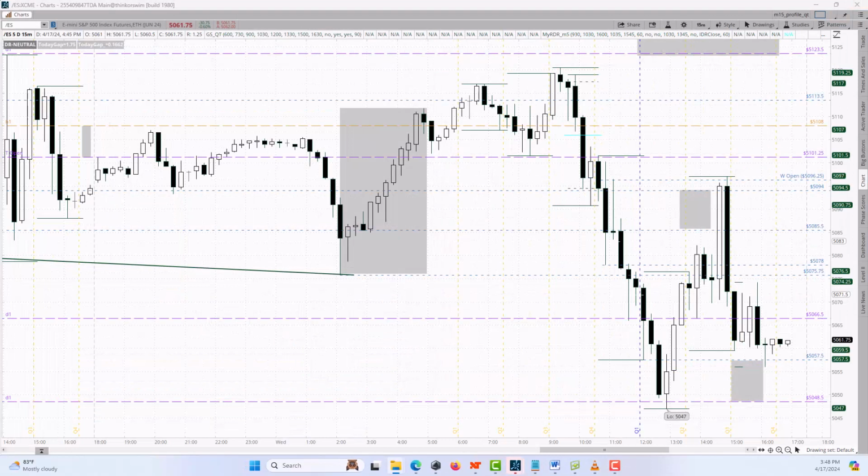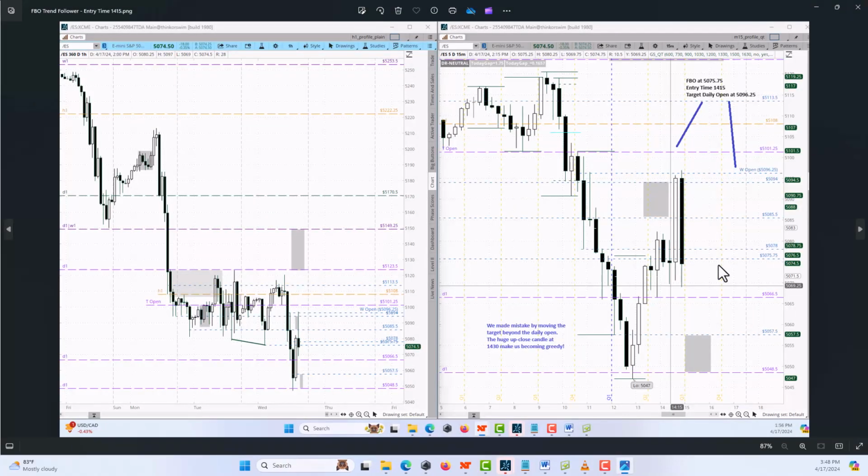And another thing we observe right here, we have another setup. Right here, we make a mistake. Right after we missed that move, we saw the move, but we didn't take the trade. So after that move, we going right here because we believe that this is just a retracement.